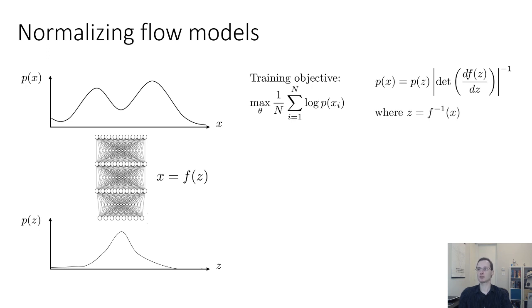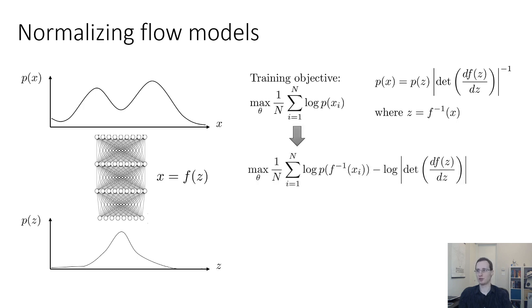Now, p of z is still some very simple distribution, like, for example, a zero mean unit variance Gaussian, which means if we substitute this formula into the training objective, our objective is log p of f inverse xi. So that's, for example, a zero mean unit variance Gaussian evaluated at f inverse xi, minus the log determinant of df dz. The reason it's minus is because you need the inverse of the determinant, so when you take the log, it becomes a minus.